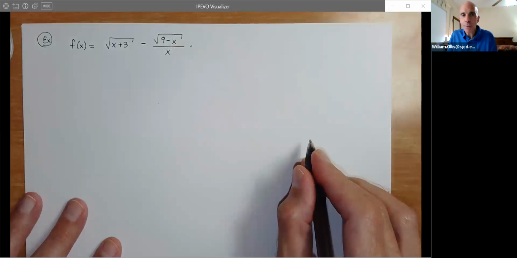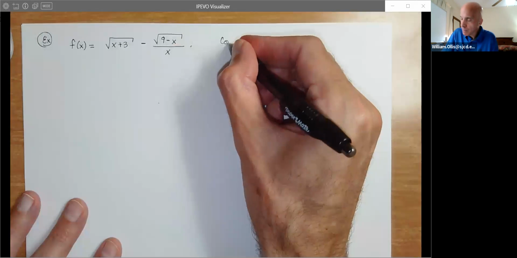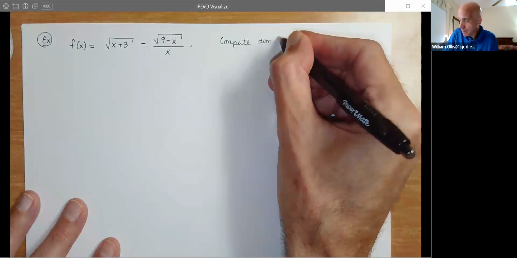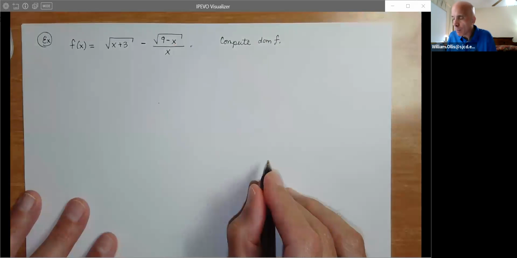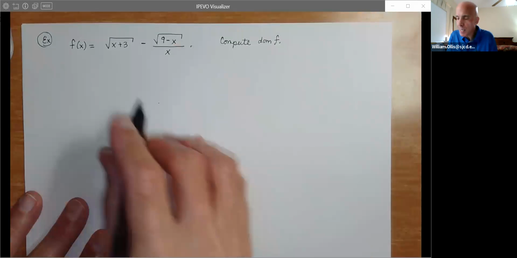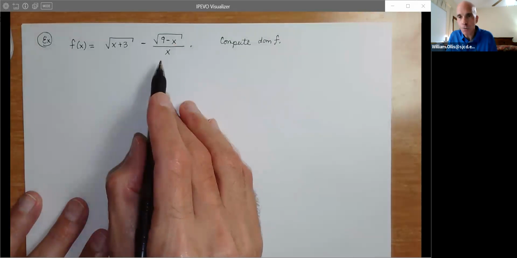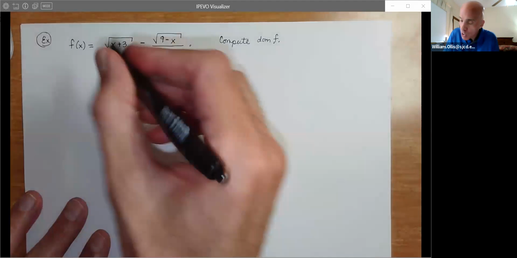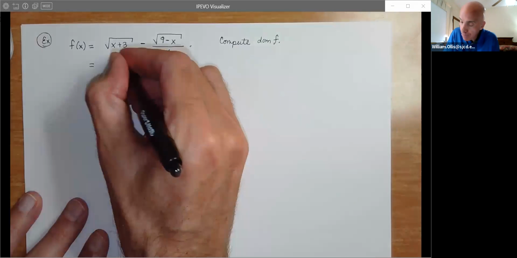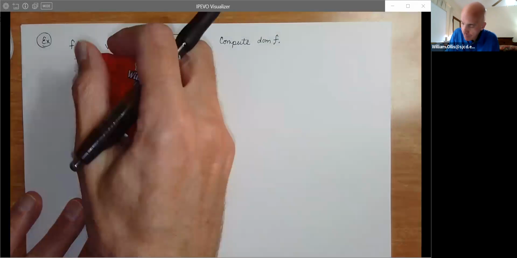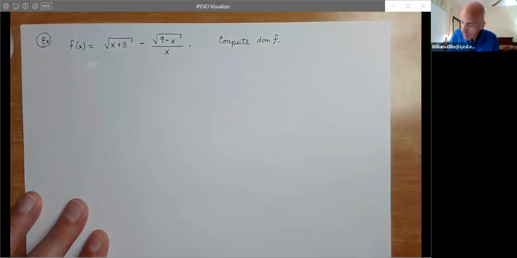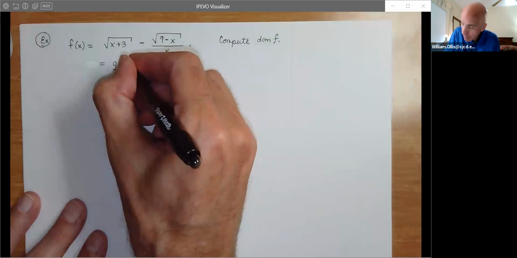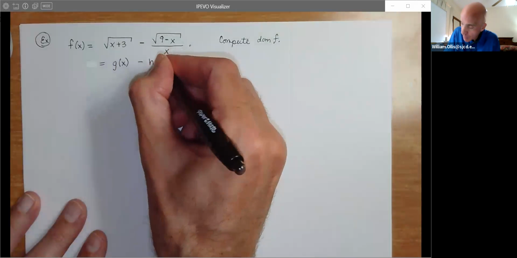Now, what the problem in WebAssign says is compute the domain of F. When we look at this, we see that this is just a difference of two functions. By definition, F is a difference of two functions. So we can define F equal to g of x minus h of x.